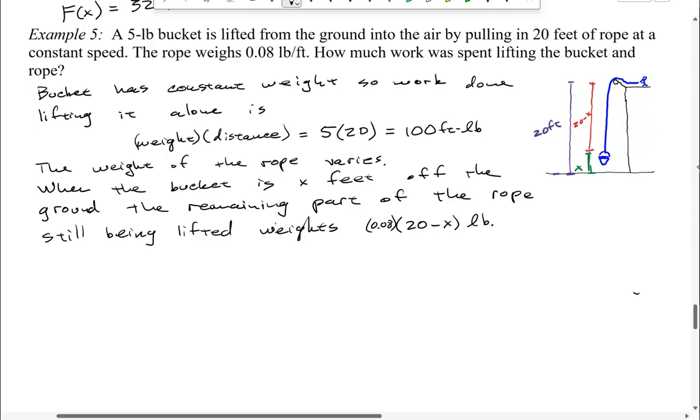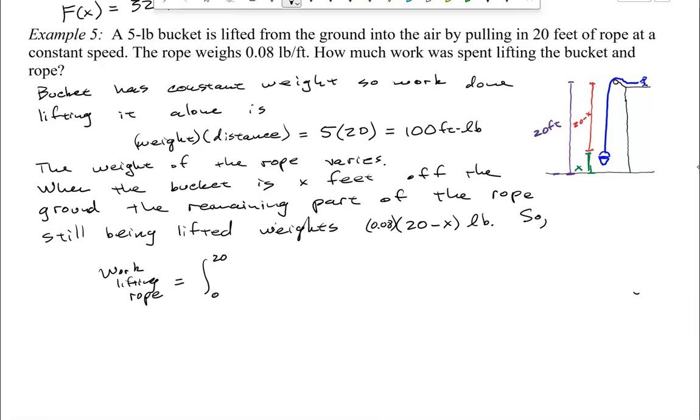So we can find the work lifting just the rope. It is going to be the integral from 0 to 20, right? We've got to lift this rope 20 feet total.